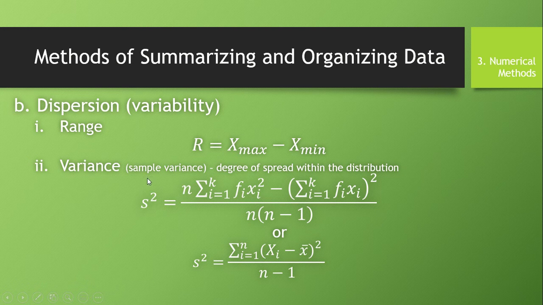If we want to get the population variance, we will be using a different character, and that's the Greek letter sigma. For mean, median, and mode, we will be using the Greek letter mu. Anyways, we will be working with the samples. Now when we say variance, this is actually the degree of spread within the distribution. This can be calculated by using this formula for grouped data and this one for ungrouped data.